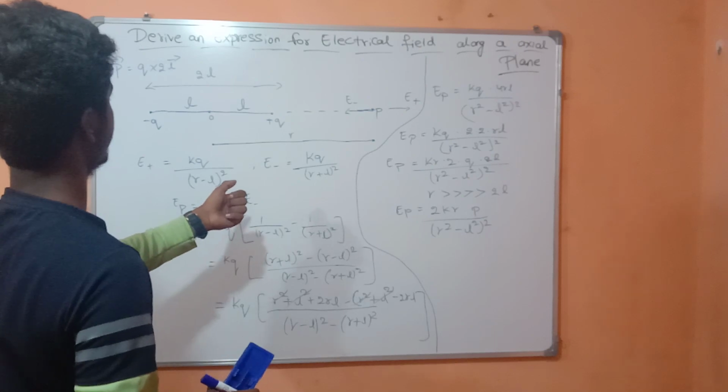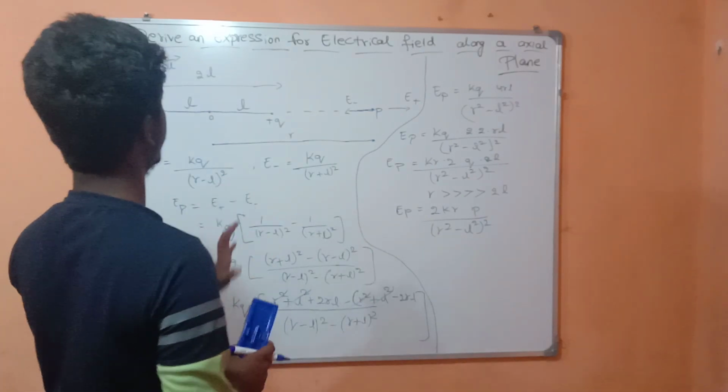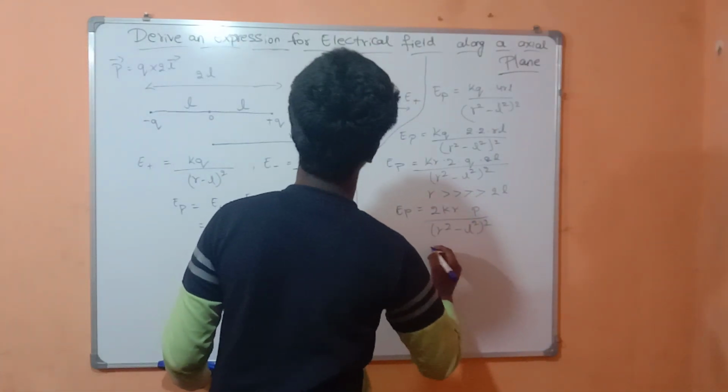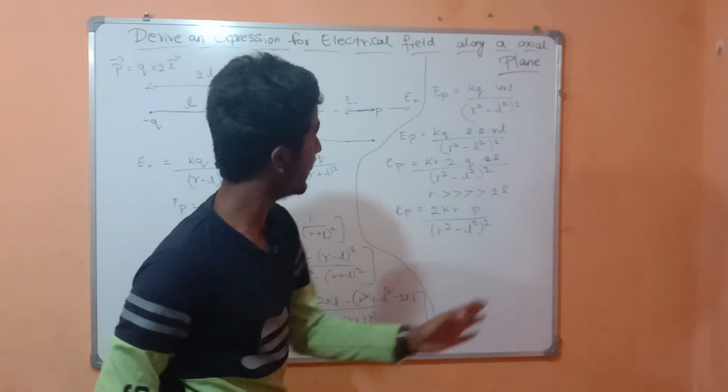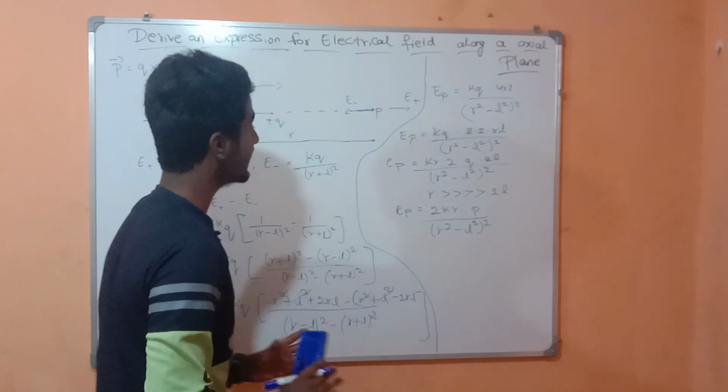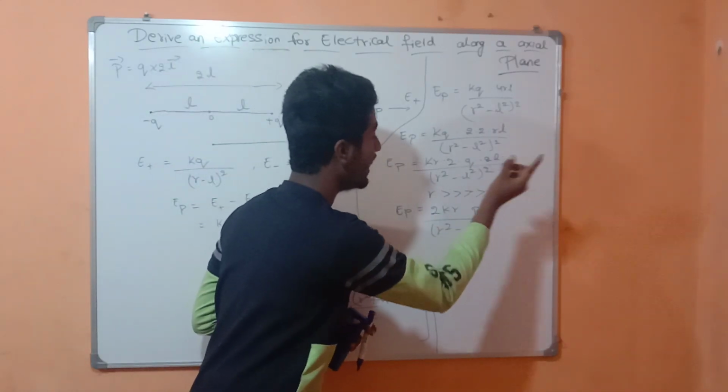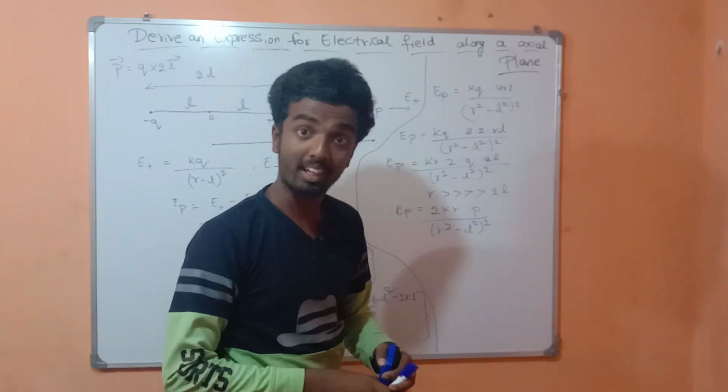The EP becomes, where R is very much greater than the length of the dipole, we can neglect L, children. We can neglect the L.